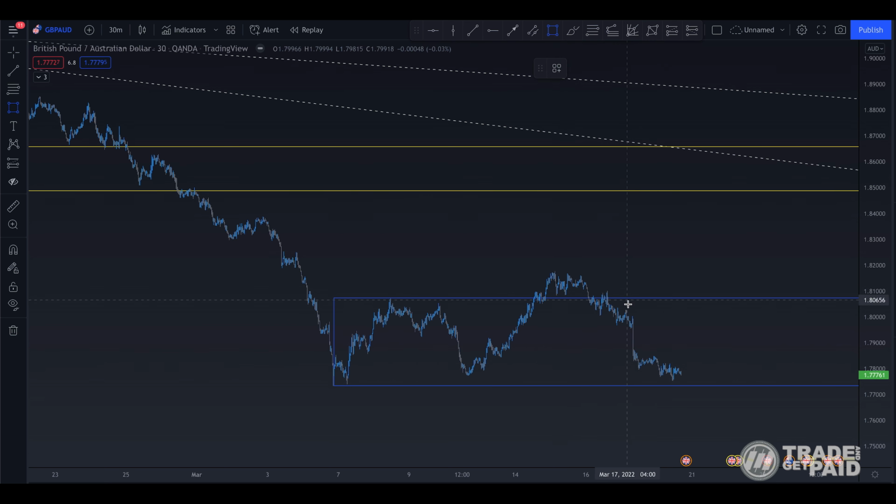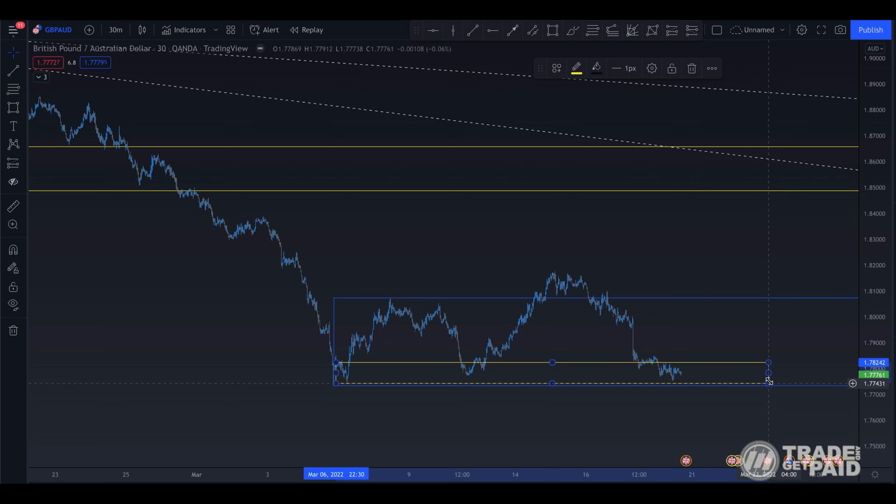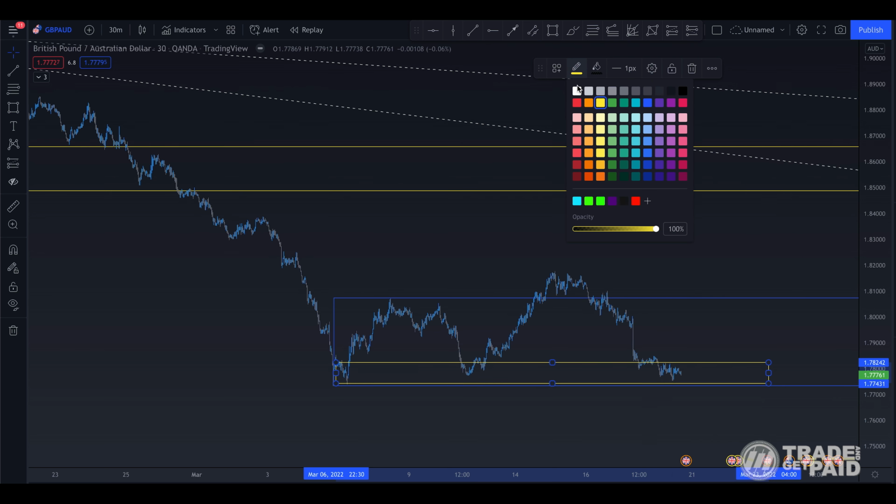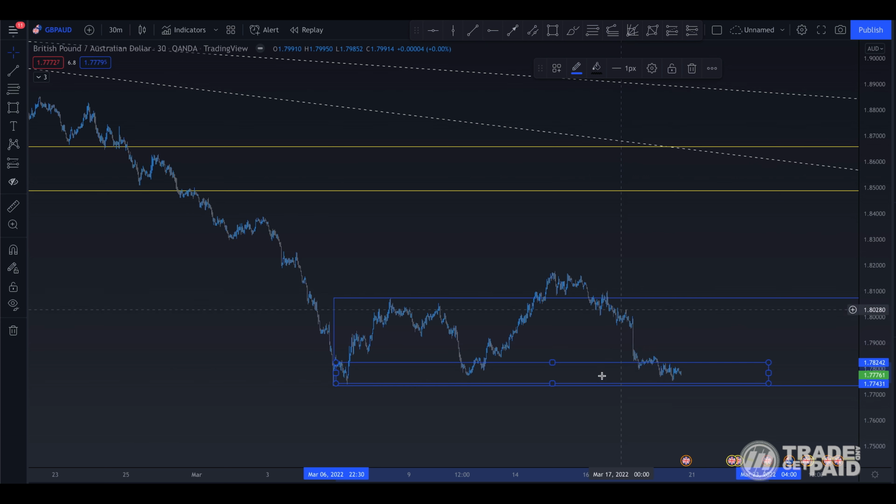Now, not only do you have the box, but you can go from back here and box this area up. This area boxed up gives you a whole other level inside of the current zone you're at.